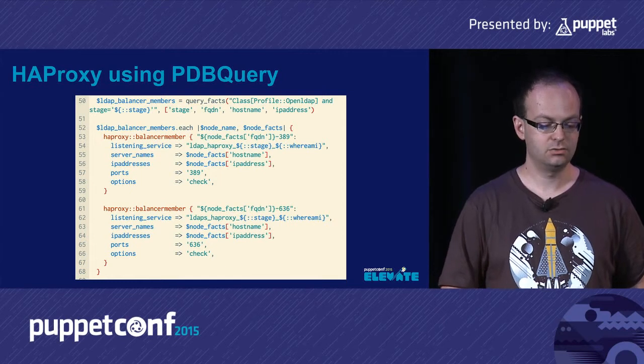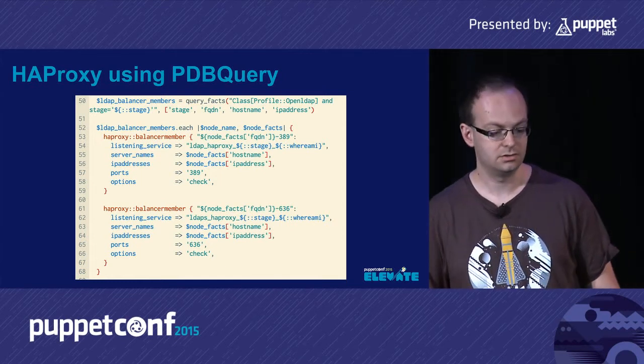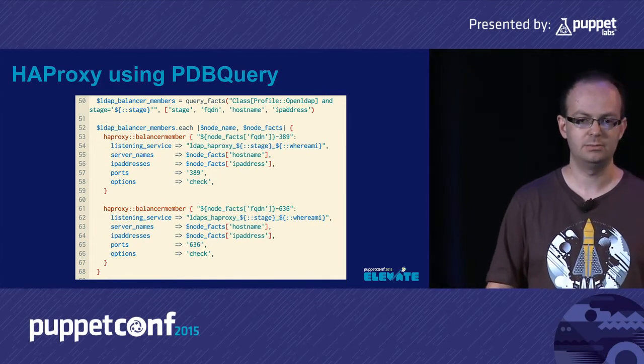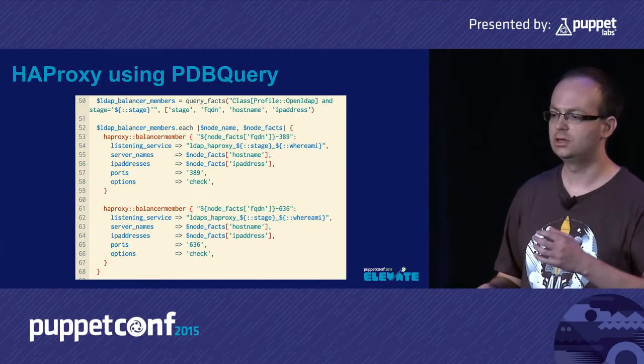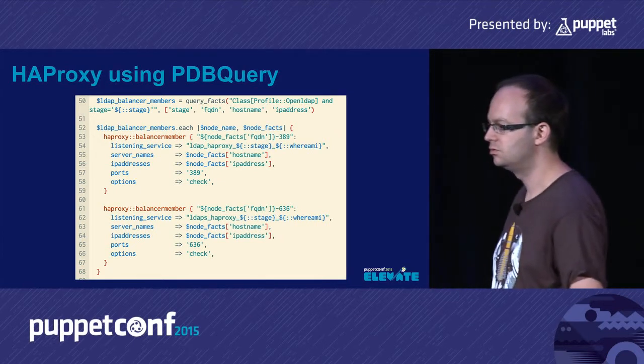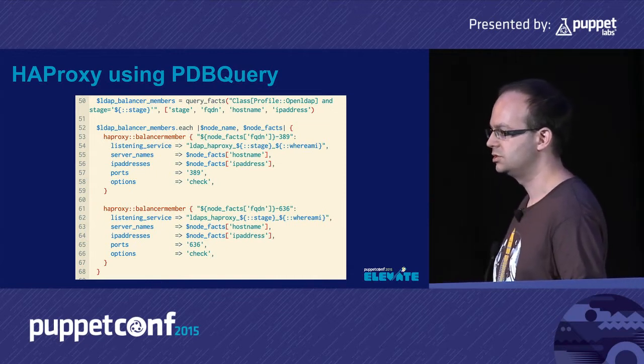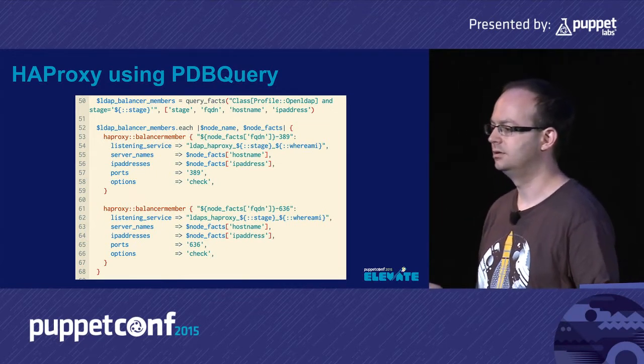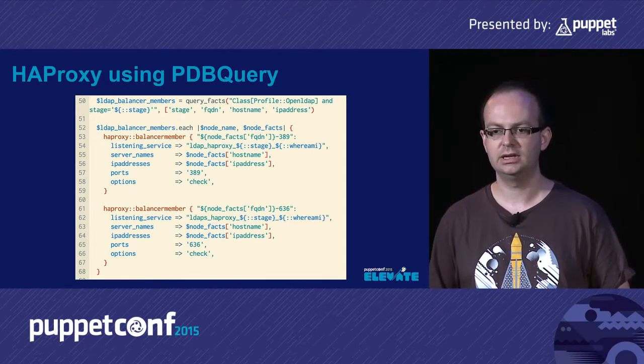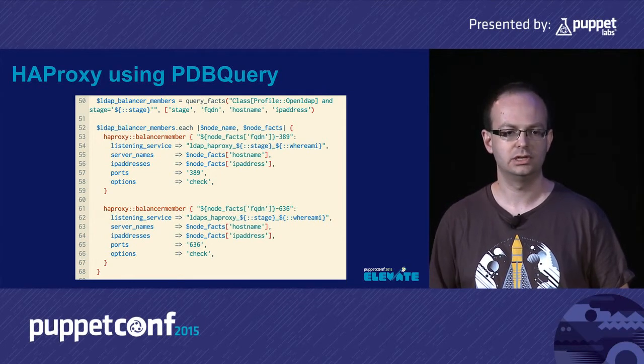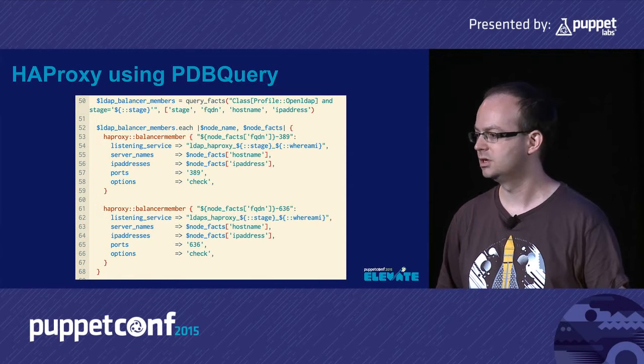And we're asking it for these four facts of stage, FQDN, host name, IP address. And then that hash that we get back, we're iterating over and creating resources explicitly so that there's no ambiguity, right? Not like the exported resource collection. There's no possibility for exported resource name conflicts.